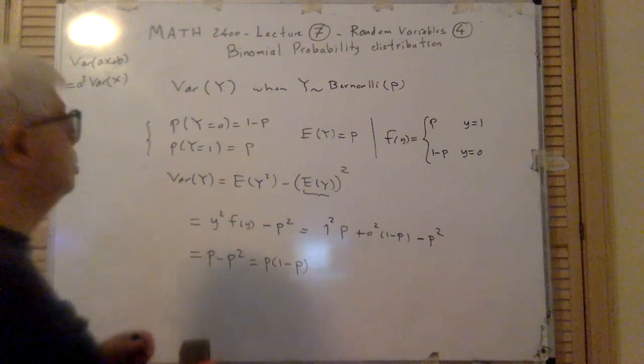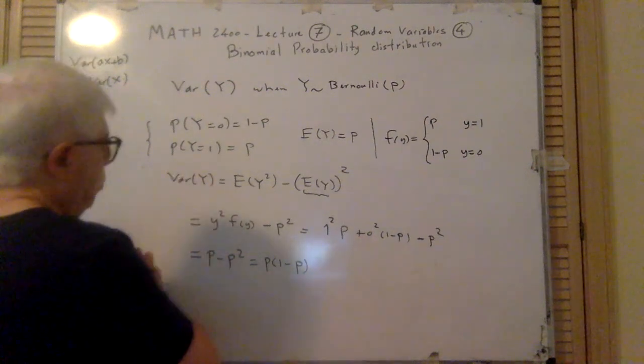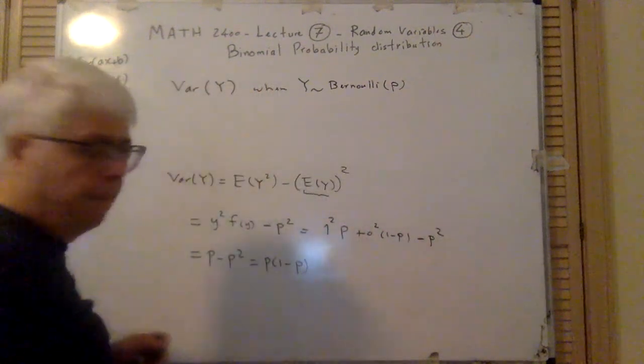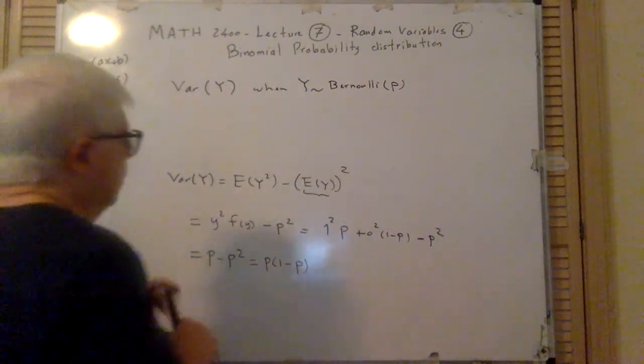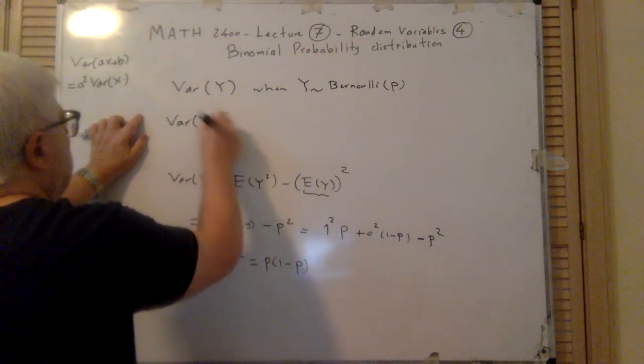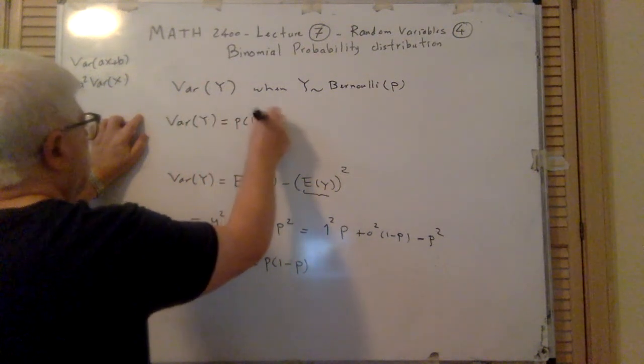So let's go back to what I had before. Variance of y, we found, is p times 1 minus p.